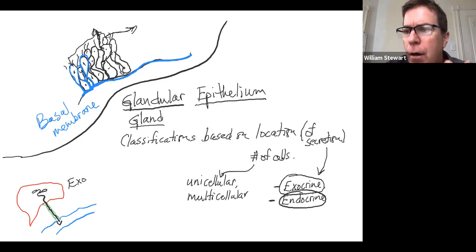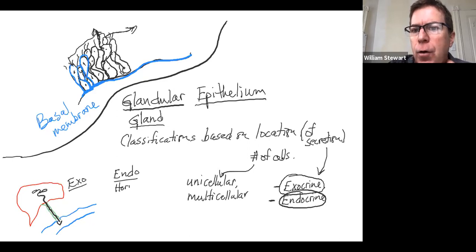Endocrine gland always secretes hormones, which are chemical messengers. Yes, sometimes they're secreted with some sort of fluid, but the main product, so I'm going to write endo, always secretes hormones. Those hormones typically do not enter a tube or a duct like this one.